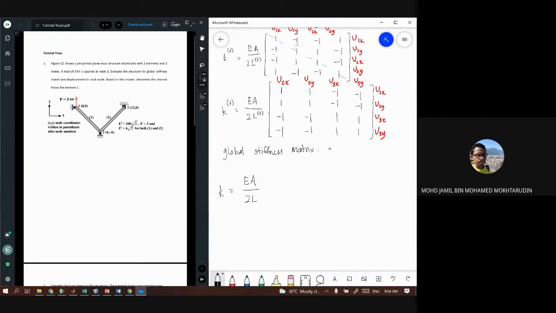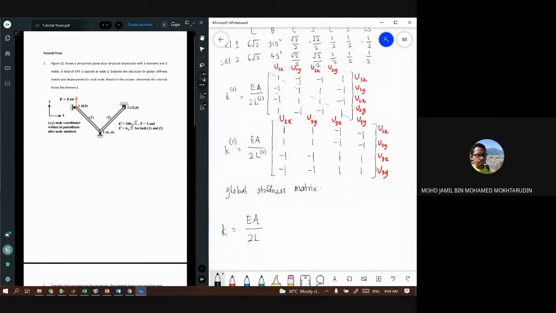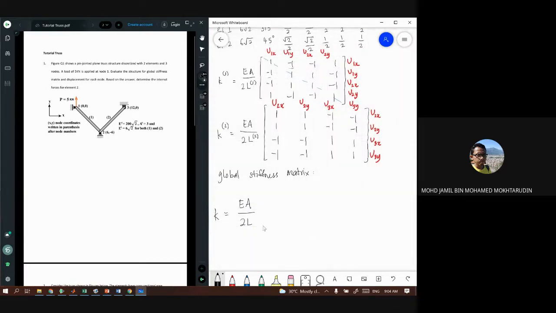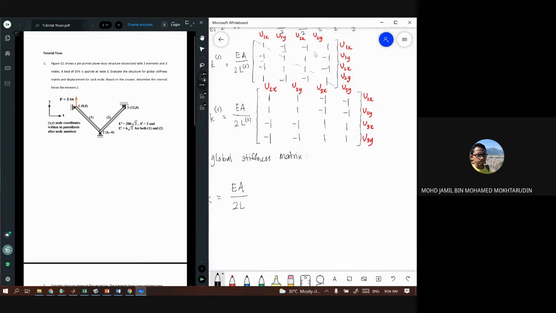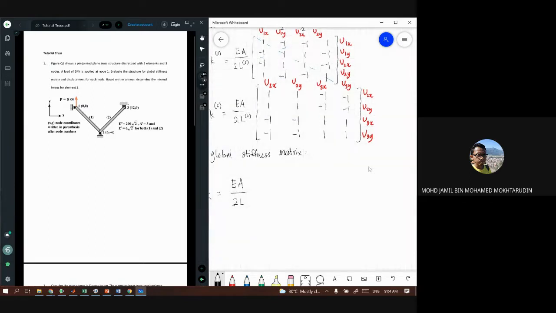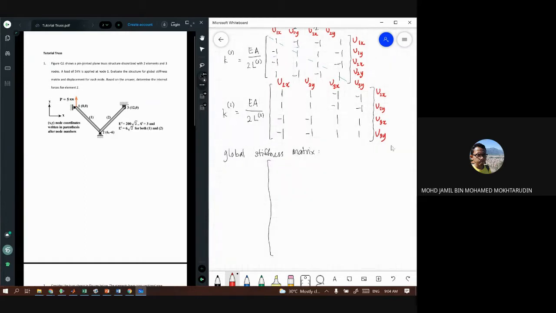So L1 and L2 are the same based on this table, so we assume it equals L. So now we have 3 nodes, meaning that we have a global stiffness matrix of size 6 by 6, okay? So you just plug in the stiffness matrix based on the displacement of each node, okay?